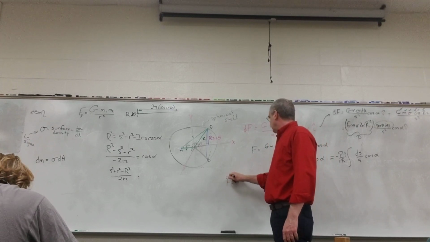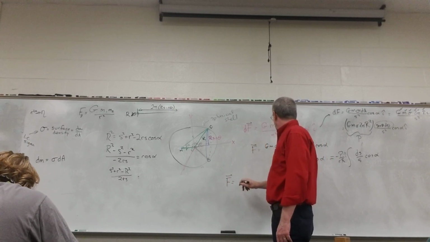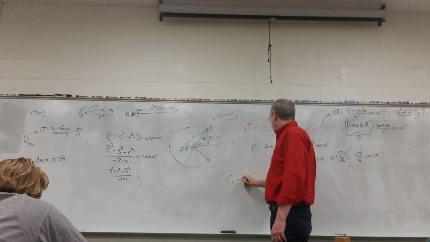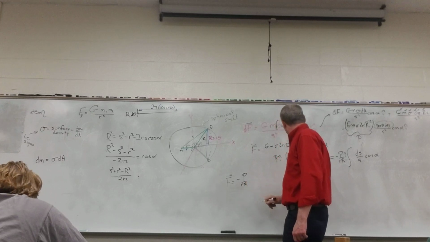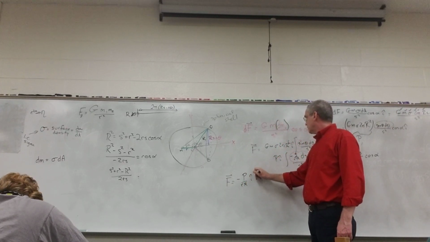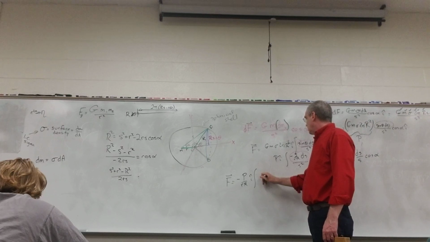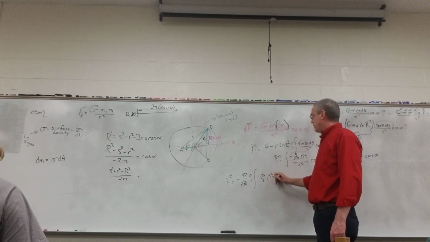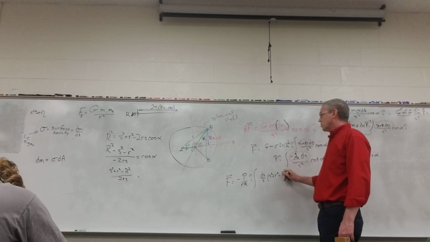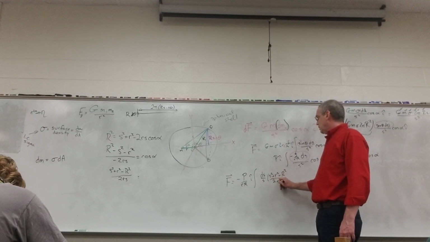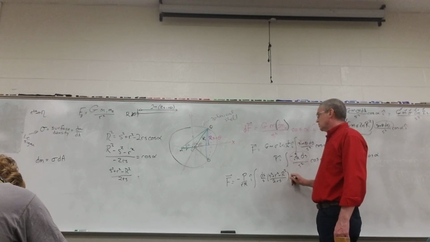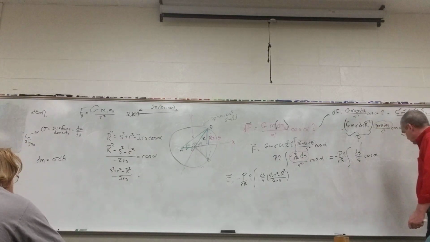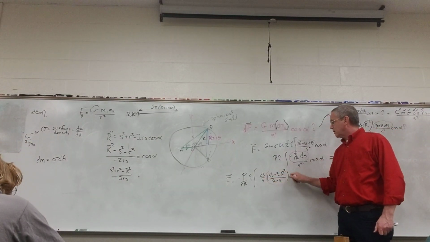So the force, technically there's a vector here, is equal to negative p over little r big R I hat integral ds over s times s squared plus little r squared minus big R squared over 2rs. So we just made a little substitution right there.